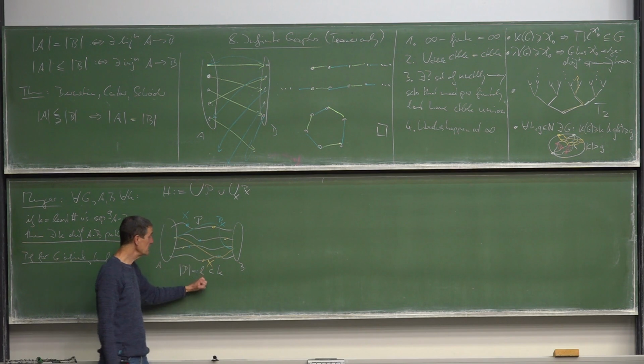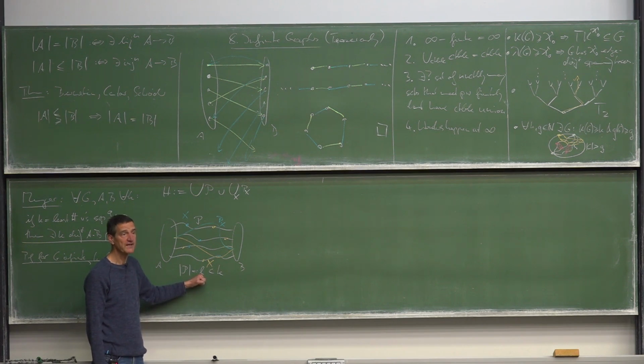So there is no AB separator of size at most L in H. So there are more than L AB paths in H by Menger. Maybe not K, but certainly more than L.